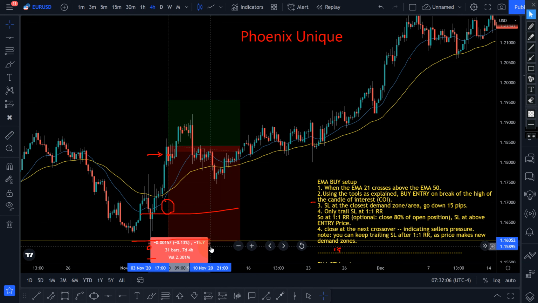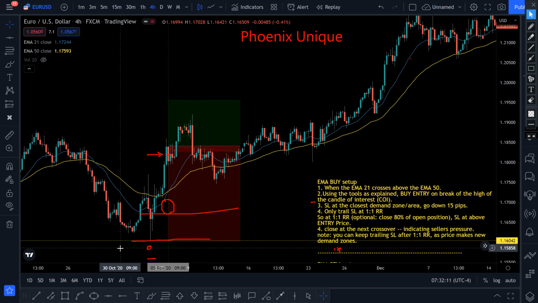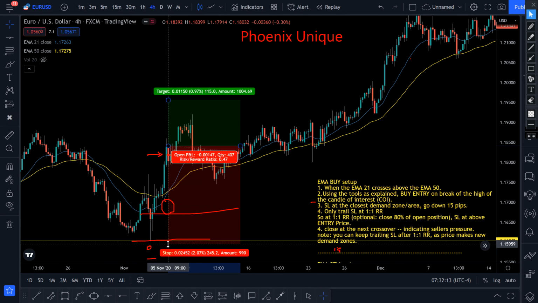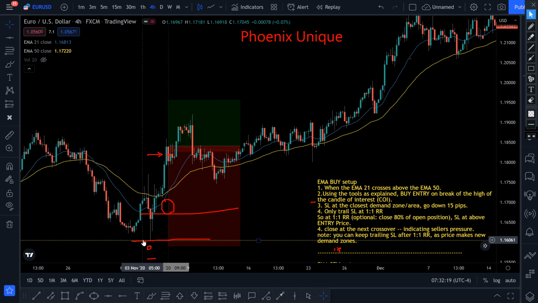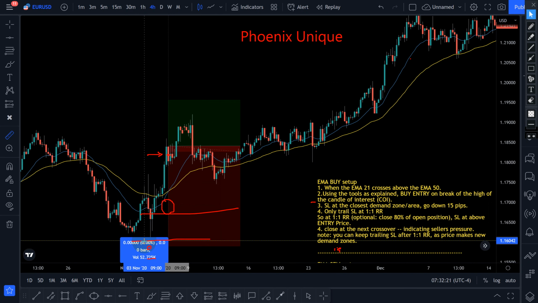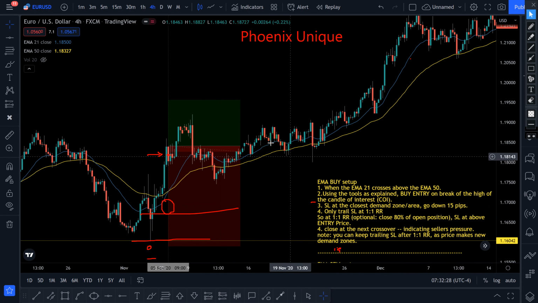Okay, 15. So 15 will be somewhere around here. That means your stop loss will be down somewhere around here. Okay, you hold your shift button, 15, accurate, somewhere around there.